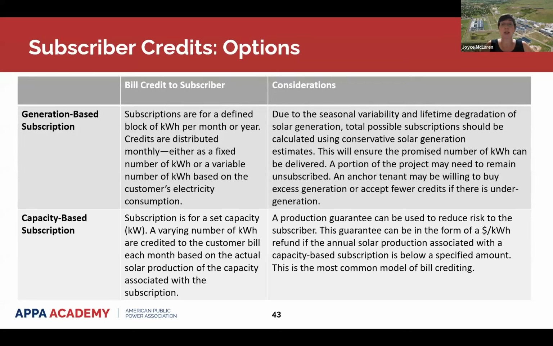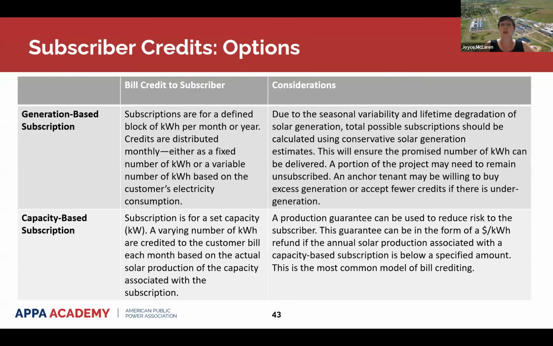You can also choose a capacity-based subscription design where the subscription is for a set capacity. Here's your 1 kilowatt, and they get a varying number of kilowatt hours credited to their bill based on whatever happened that month. If it was cloudy that month, they get less. If it was sunny that month, they get more.